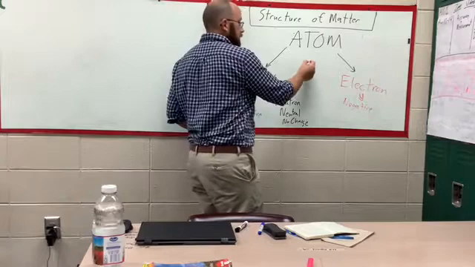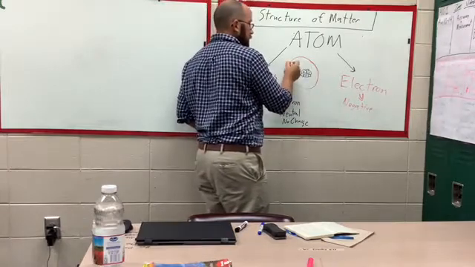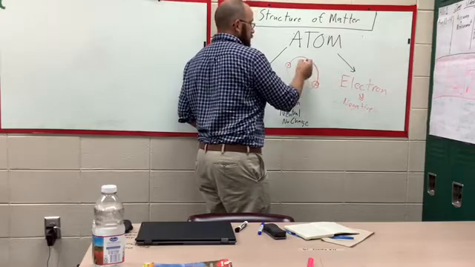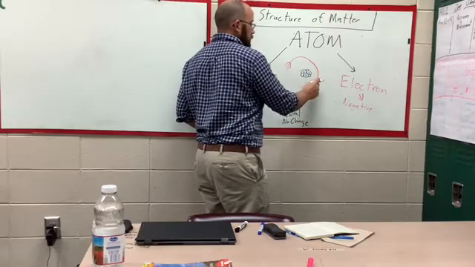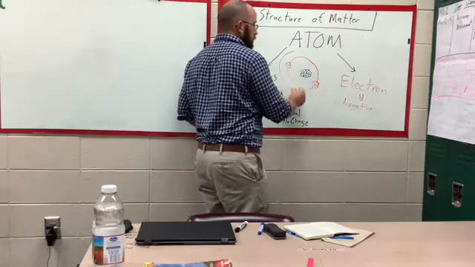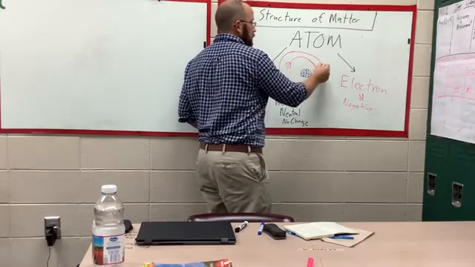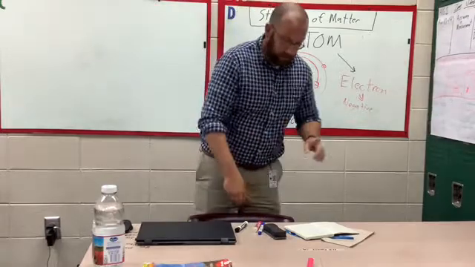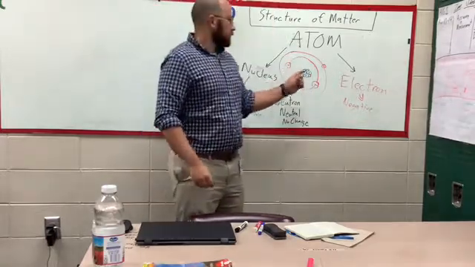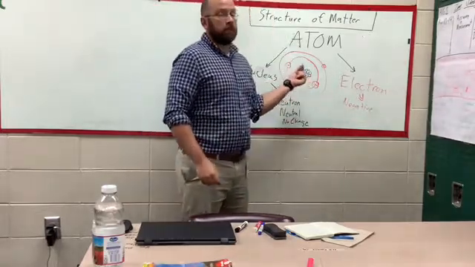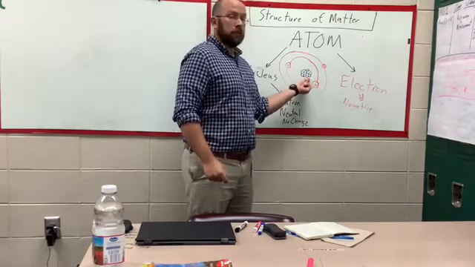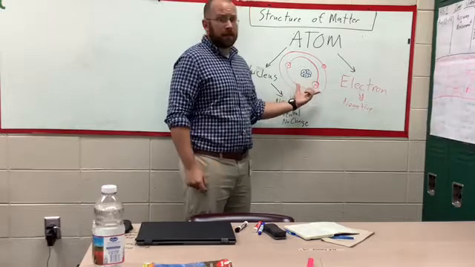Then outside of this, we have our electrons. Now, as you can see, I have 3 protons in the middle. I will always have the same number of protons in the nucleus as I have electrons outside.